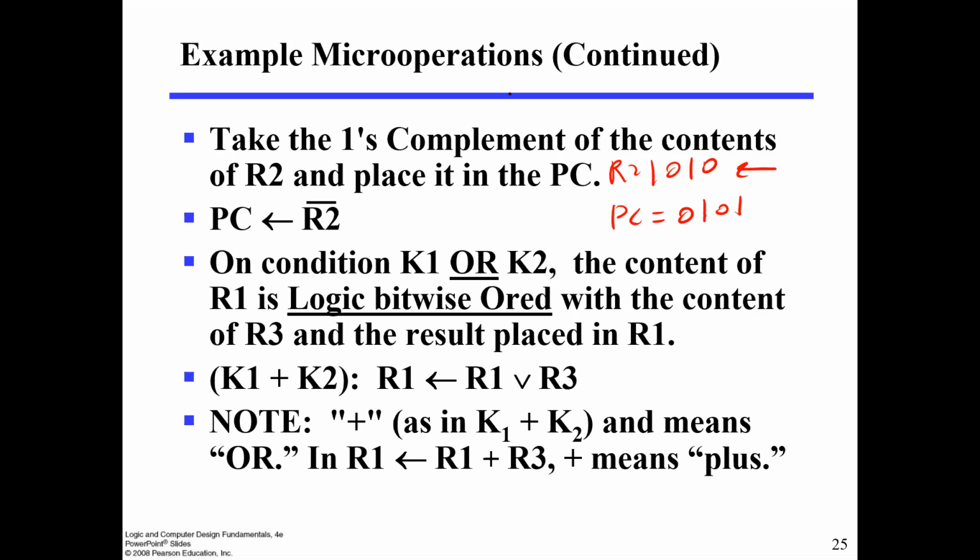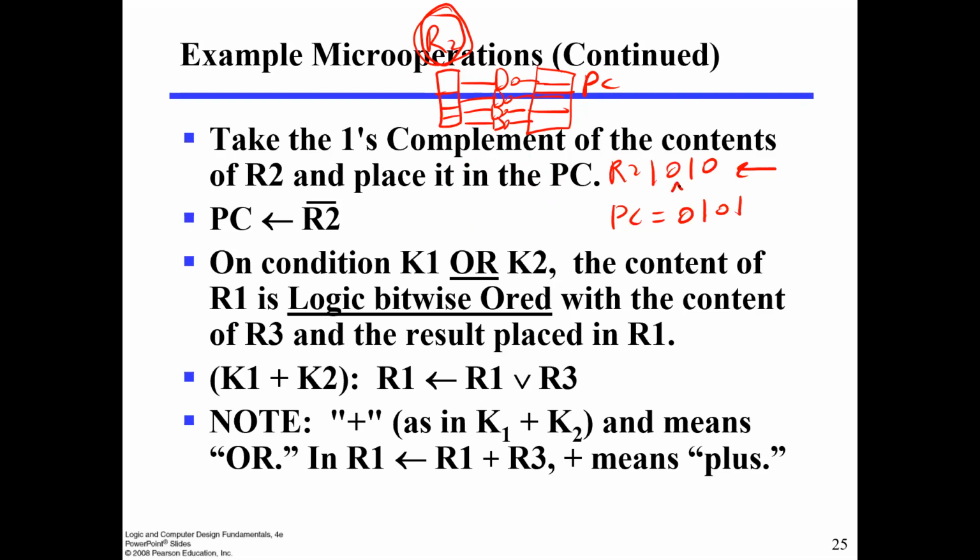In hardware, what it means is that I connected each bit of R2, if this is the R2 register, to an inverter, each bit, and then I loaded the output of the inverter into register PC. So the value of R2 stays the same. It's not going to be inverted.